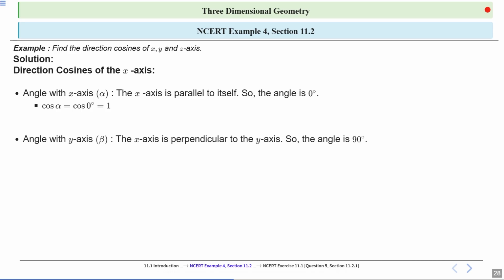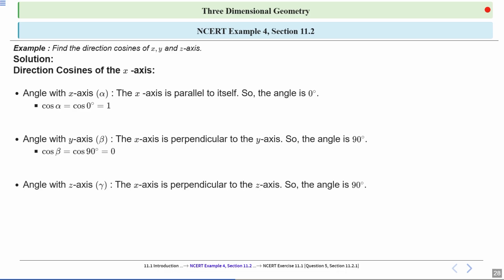Next, let's look at the angle between the x-axis and the y-axis, which we call beta. The x-axis and y-axis are perpendicular to each other, so the angle beta is 90 degrees. So now calculate cosine of this angle. We have cos beta equals cos 90 degrees, which is 0. Now let's consider the angle between the x-axis and the z-axis, which we call gamma.